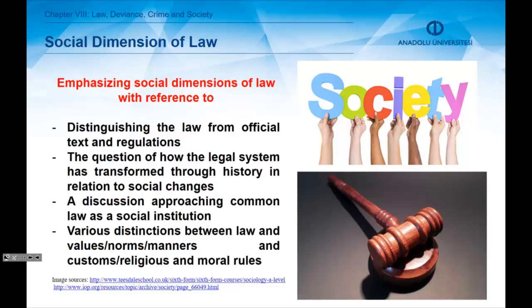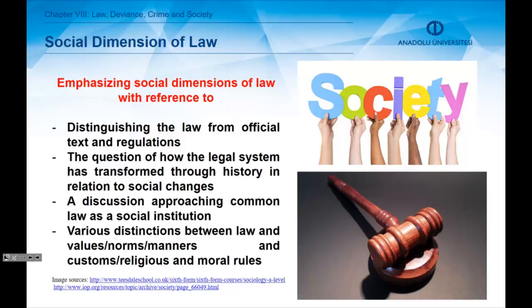Obviously, such an approach to law emphasizes that throughout history, legal systems have transformed by interacting with social changes. The rules and regulations within the law here are considered as a product of social realities within a particular context. They are discussed in relation to a particular social characteristic of the context in which they have flourished.